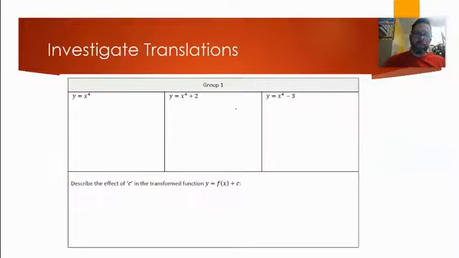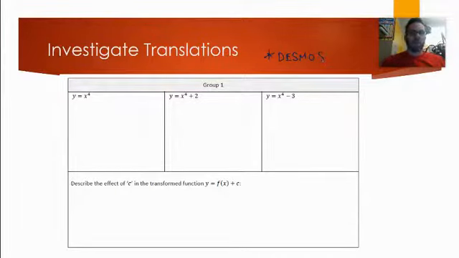Just as a bit of a refresher, I've got some groups of functions for you to graph. My intention is that you load up Desmos or the graphing program of your choice and look at what these three graphs look like. For each group of graphs, I'm asking you to describe the effect of adding or subtracting a number after some base function.